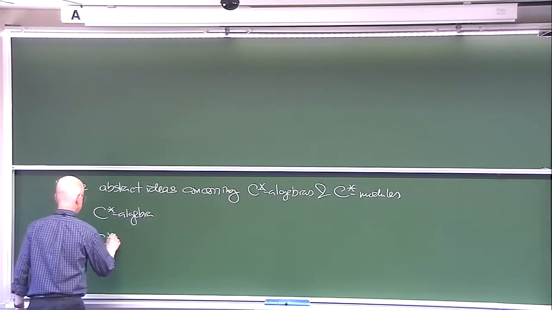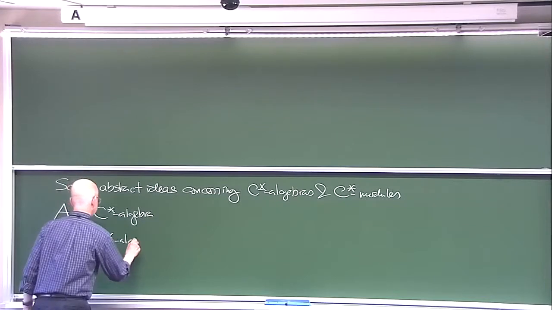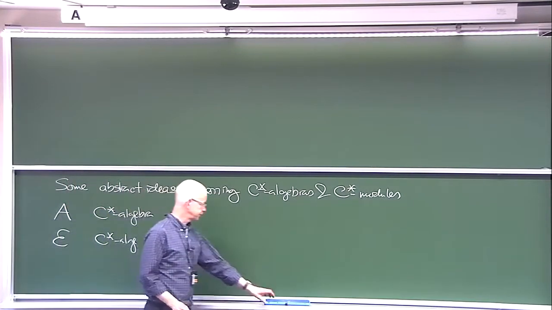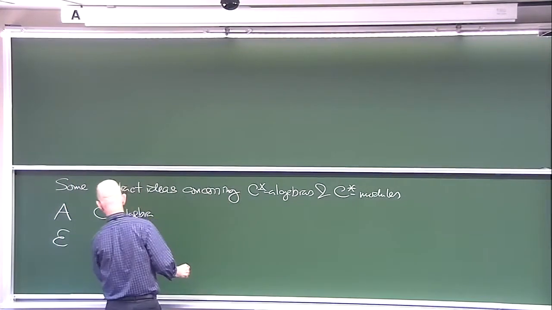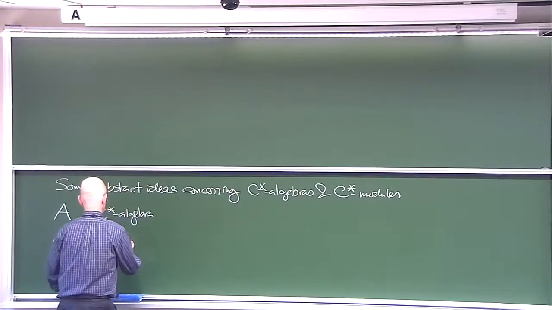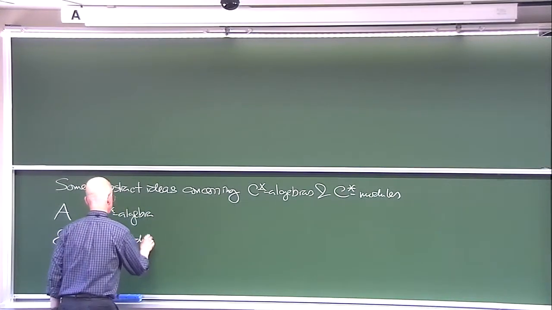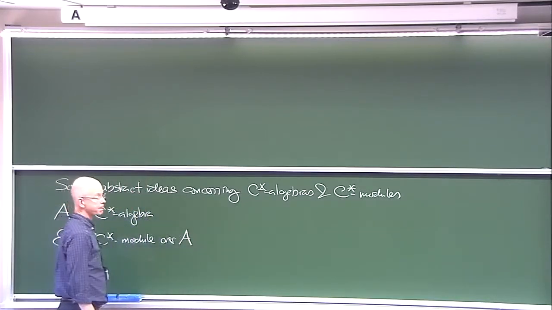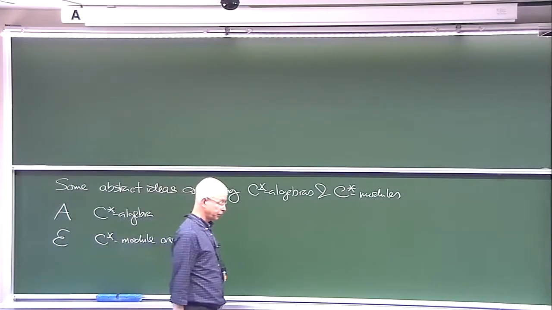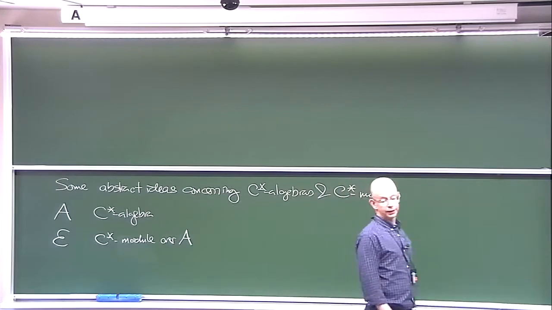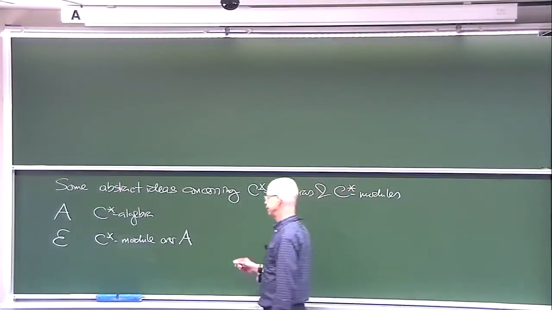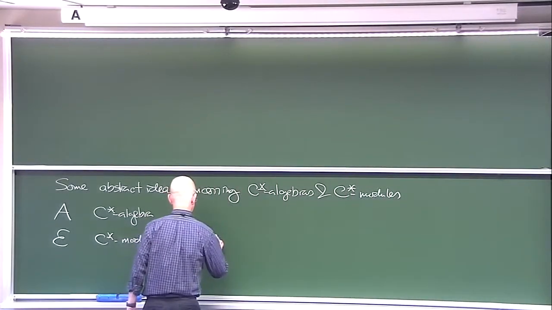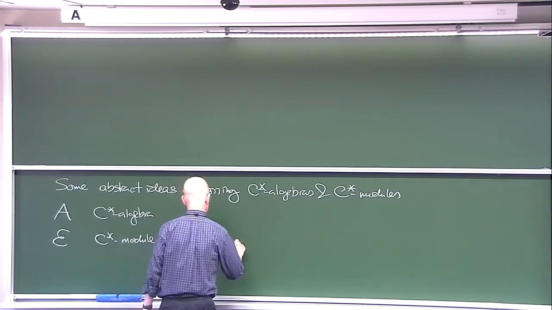let's remember that we discussed at some points C-star modules over C-star algebras, so for example, over A. And so there is a definition. The critical idea is this, that first of all, this is a right A module.